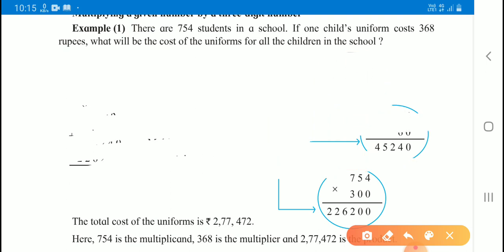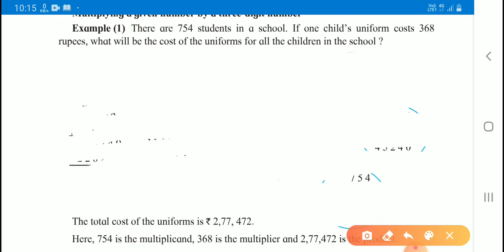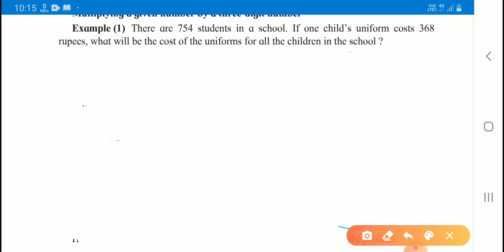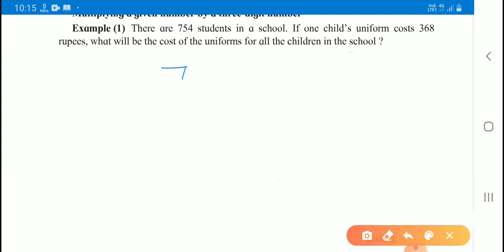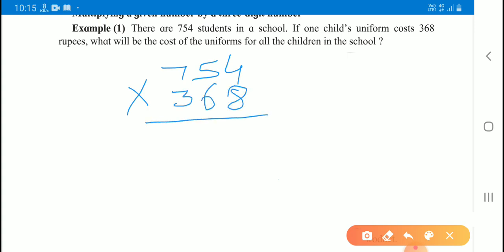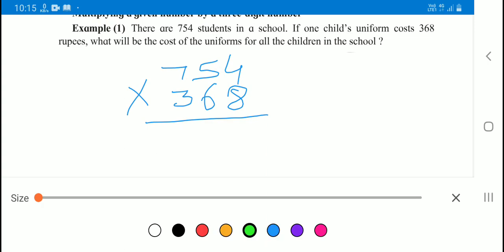So see here how to solve the example. 754 multiplied by 368. Now look what we will do here.